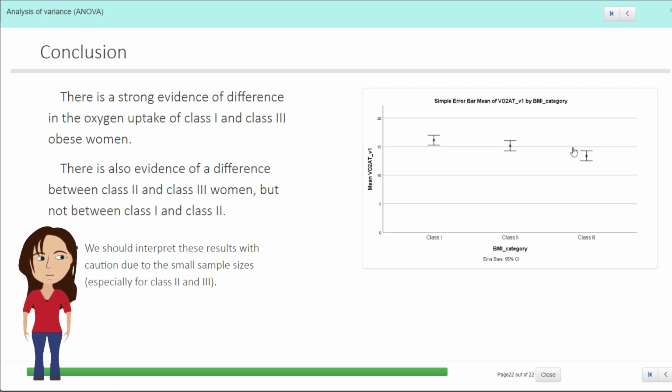If there's a little bit of overlap, you probably still get a significant result. Depends on a few things. If there's a lot of overlap, then you're unlikely to get a significant result. But you should always check with the test and not rely too much on the graph. Okay, so that's our basic analysis of variance.